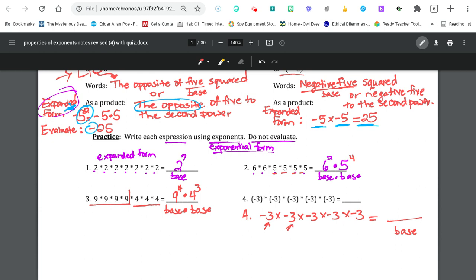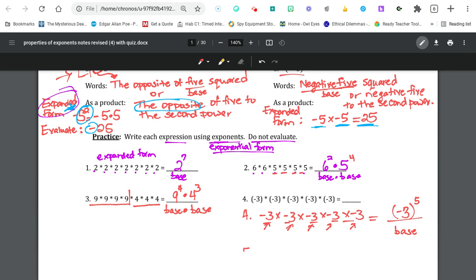Because each one is -3. So I have to put my -3 in parentheses to show that the entire base also includes the negative. Which means your base is -3, not just the opposite of 3. So use the parentheses, and your exponent is 5. 1, 2, 3, 4, 5.